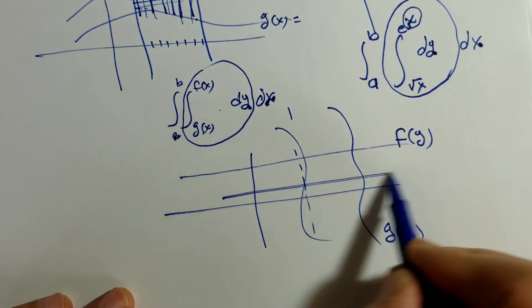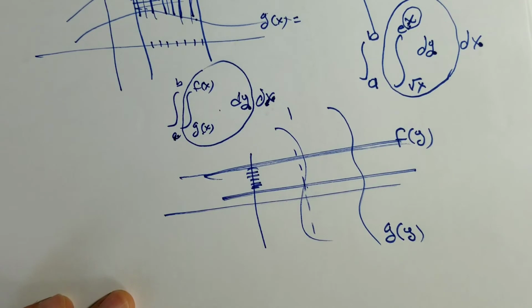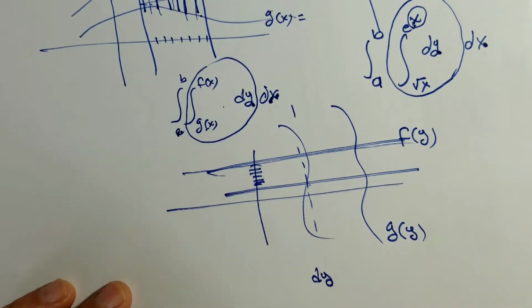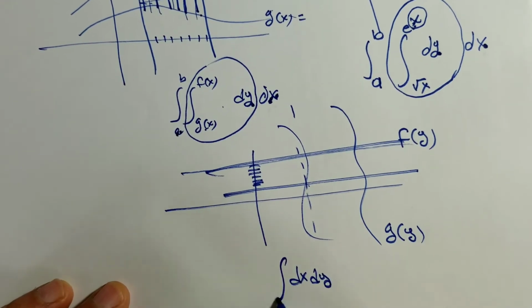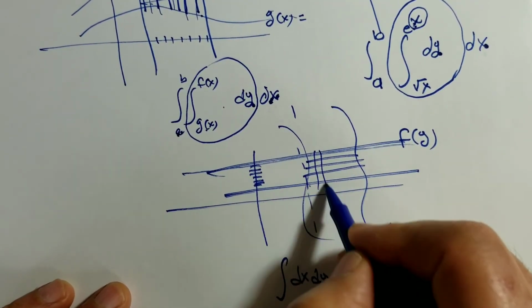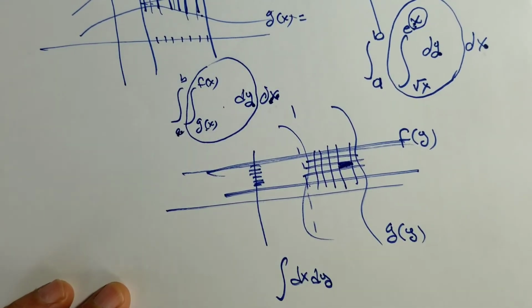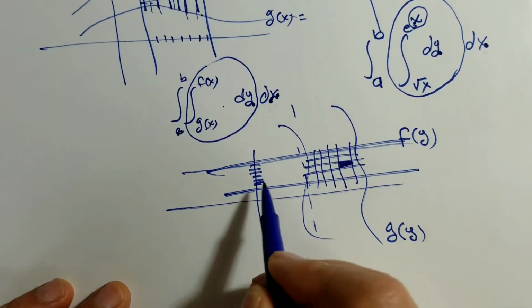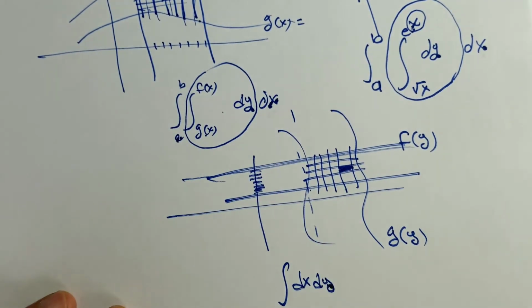In this case, you can make your y fixed, and you write dy as a fixed one, and dx goes inside, but you need to divide this into infinitely many rectangles, and the representative is dy dx. How would you write it? You have to tell me if it's vertical or horizontal. If your y is fixed, your dy must be at the end. And if your x is fixed, your dx has to be at the end.